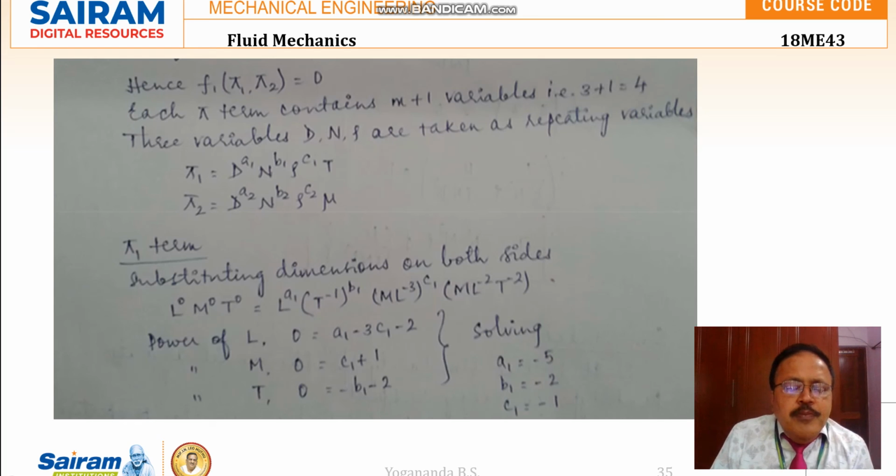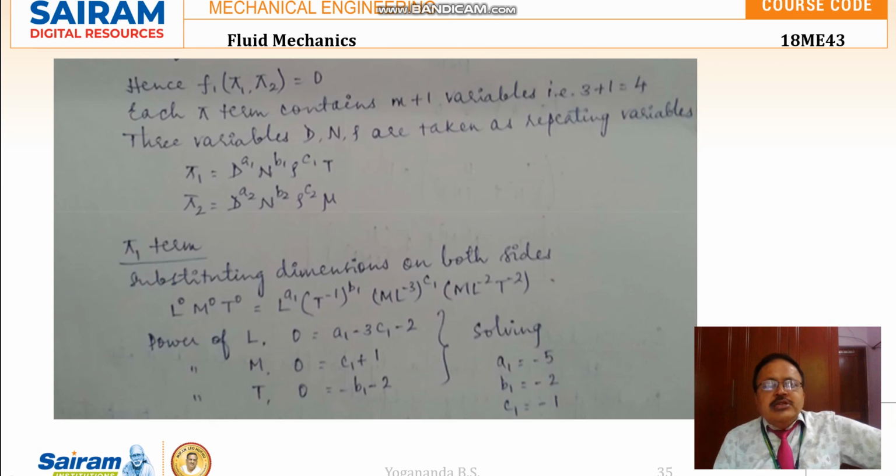Now equating the powers of L, M and T on both sides of the equation. Power of L on the left hand side is 0; power of L on the right hand side is L to the power of A1 into L to the power of minus 3 C1, L to the power of 2. Taking the summation of powers of L on the right hand side, we have this.